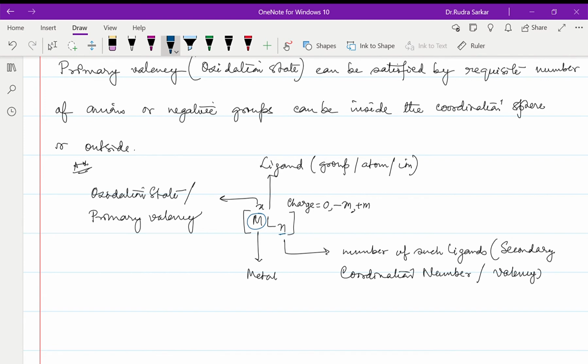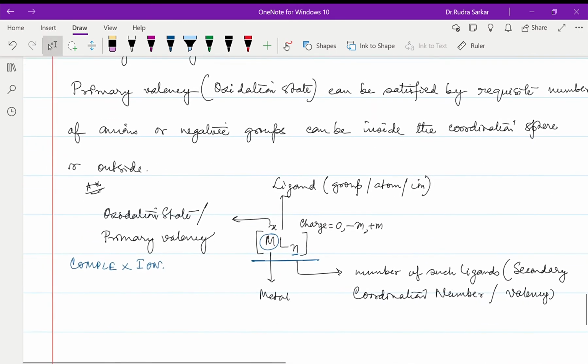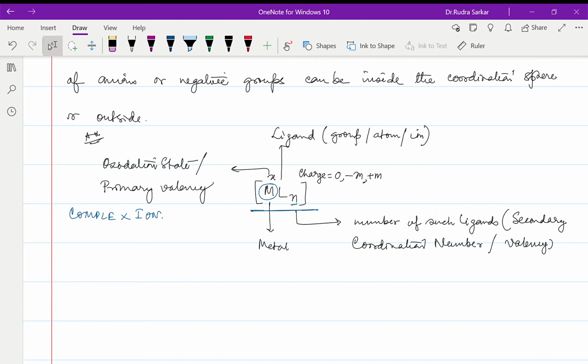This N is called the secondary valency, or the coordination number, that is the number of ligands surrounding the metal ion. And this total unit is your complex ion. I hope things are clear so far. Yes or no? Yes, sir. Okay, so this is what it is.